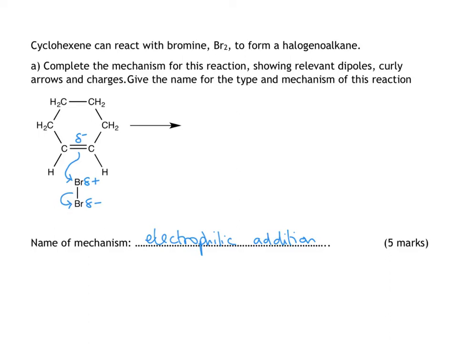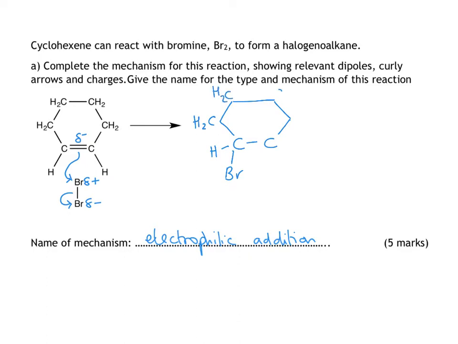The next marks on the mechanism are going to be for drawing the relevant carbocation intermediate. So I've just drawn it skeletal. Doesn't really matter whether you do it skeletal or not. Obviously you could just have your CH2.